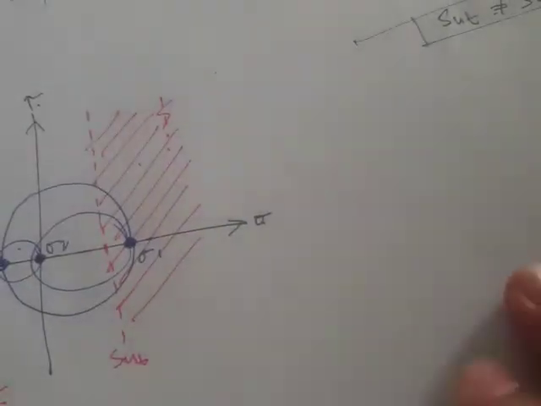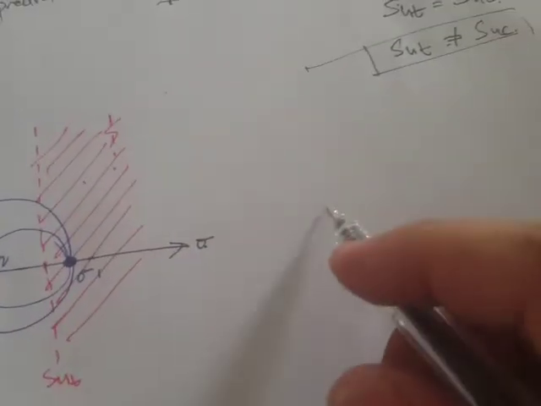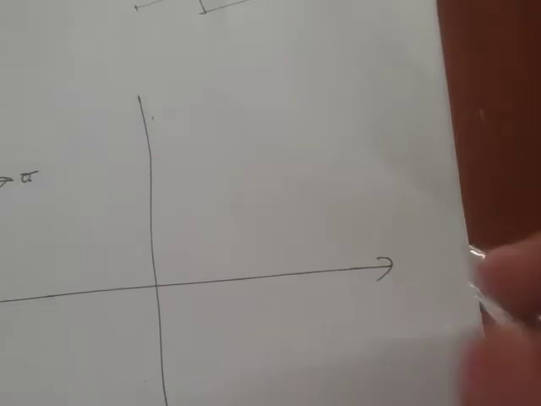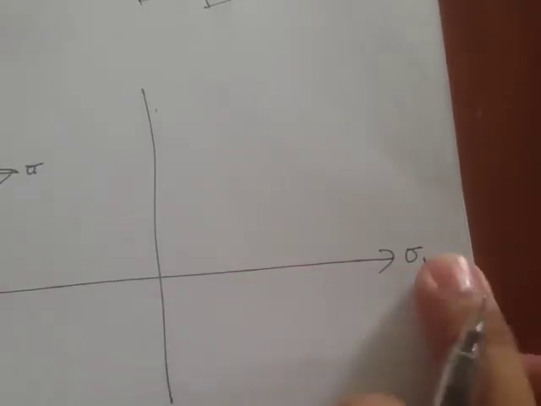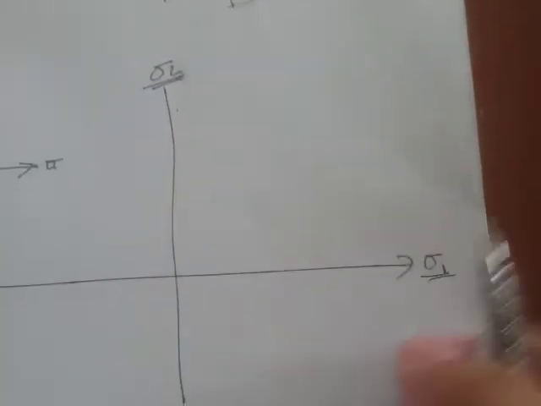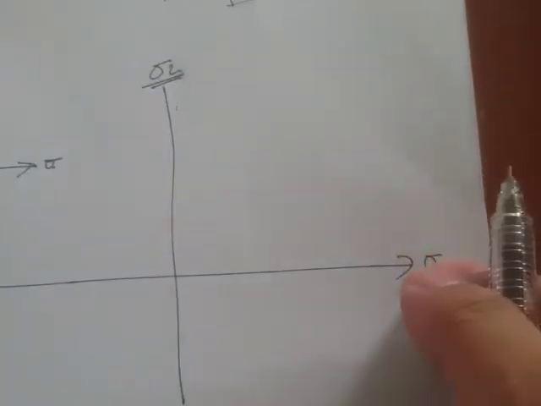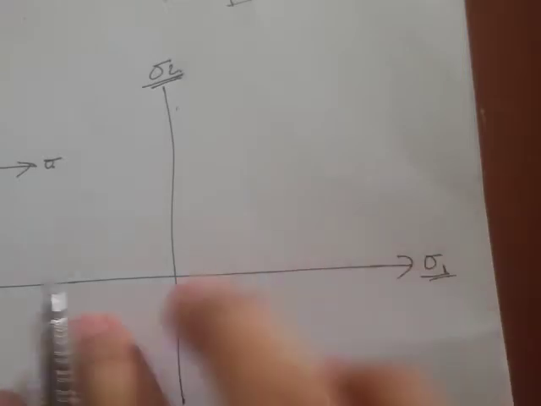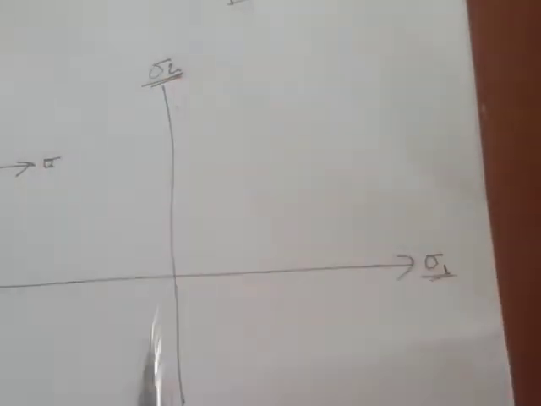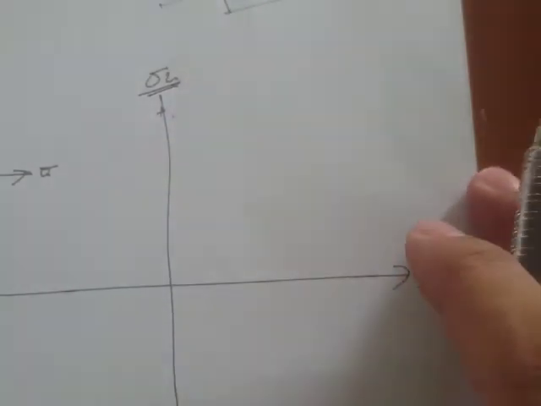But typically, the failure theories or the failure locus line is plotted between two principal axes. So let's say this is sigma 1 and this is sigma 2, and this is simply a principal axis. This one is maximum if we are referring to the horizontal axis, and the vertical axis is the minimum.